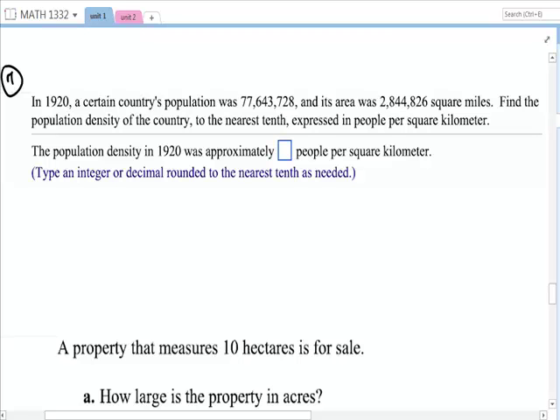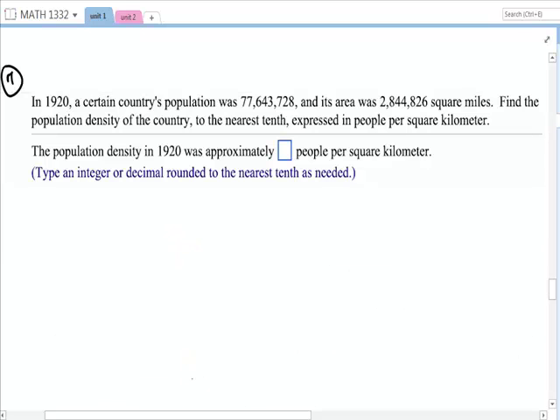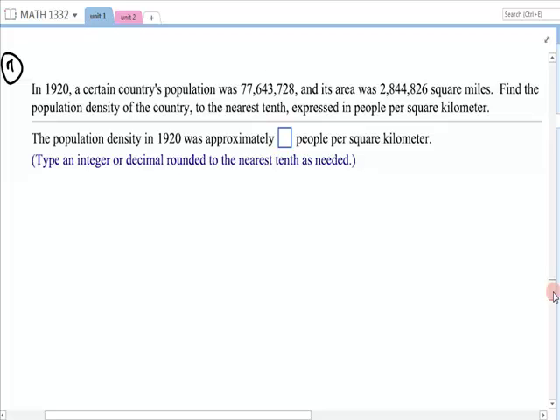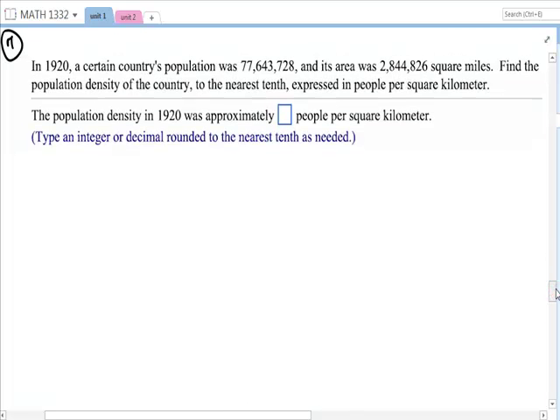Okay, you could look that up in some almanac. Find the population density of that country to the nearest tenth, expressed in people per square kilometer. Okay, I have several things to do, and maybe it's going to require some dimensional analysis, maybe it's not.